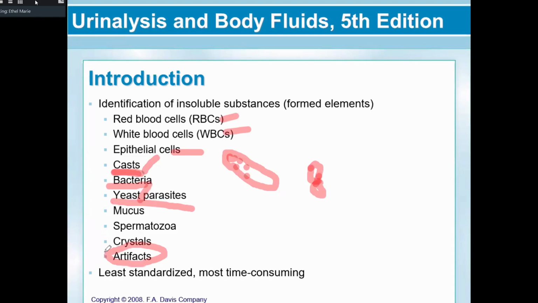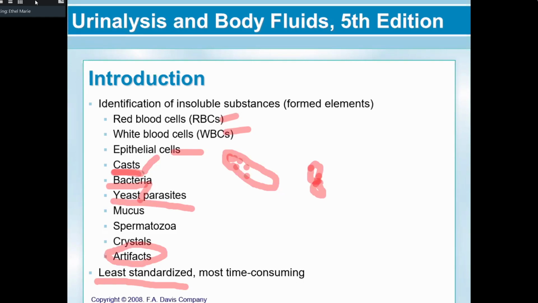So guys, your microscopic exam is least standardized compared to your physical and chemical examination. Ibig sabihin, the results of the microscopic exam in one lab may vary from the results that we get from other laboratories. So it depends dun sa protocol nila.